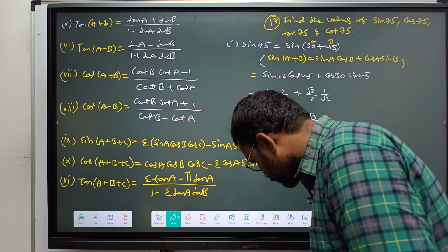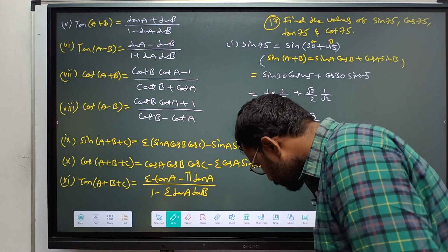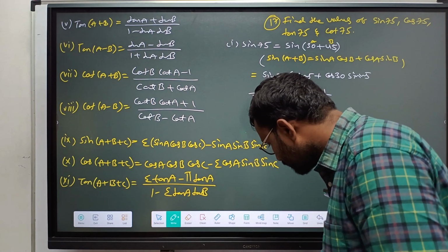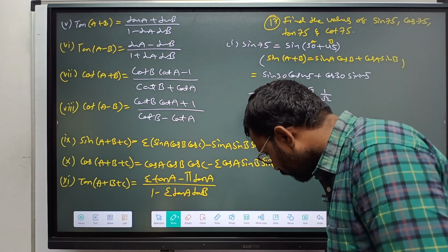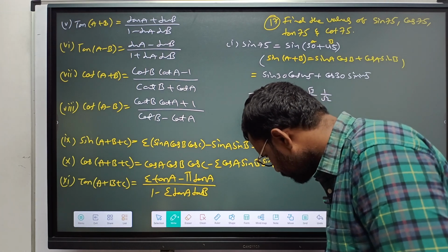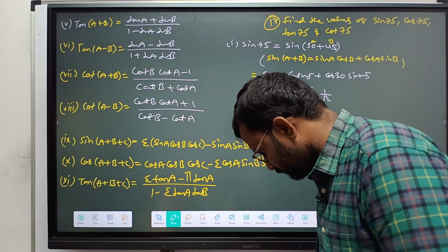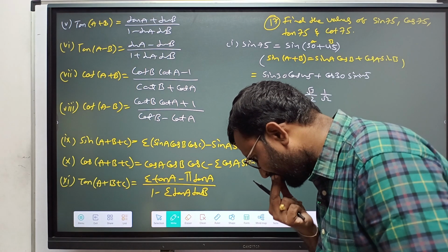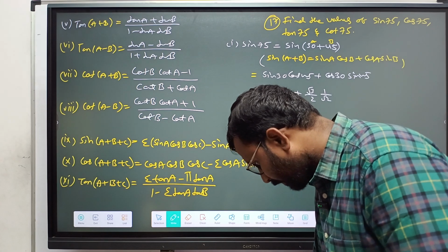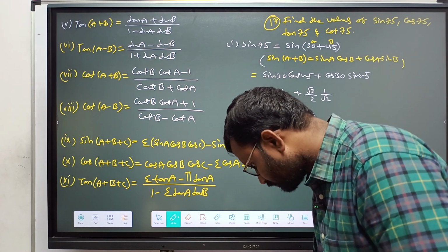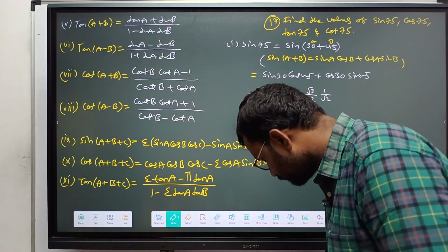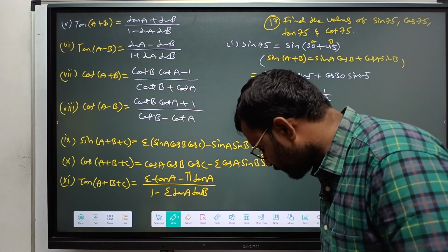Open your textbook, exercise 6C, first Roman, till the fourth bit.